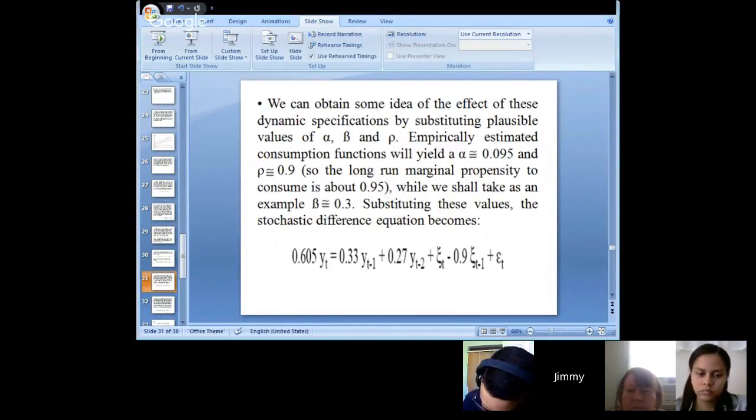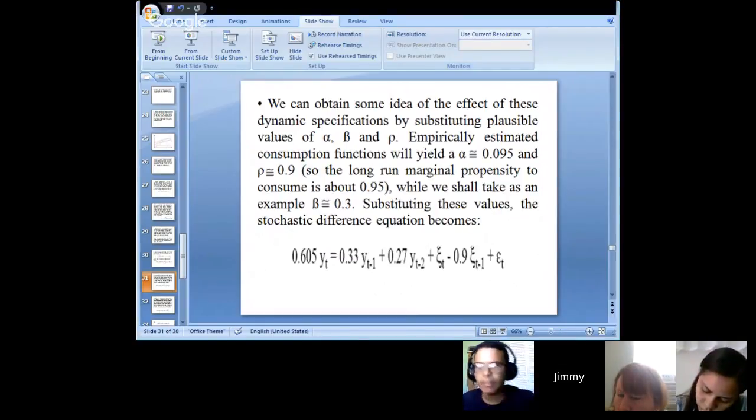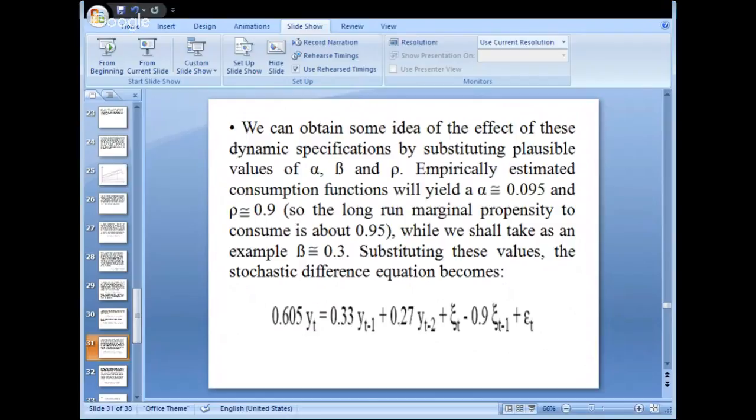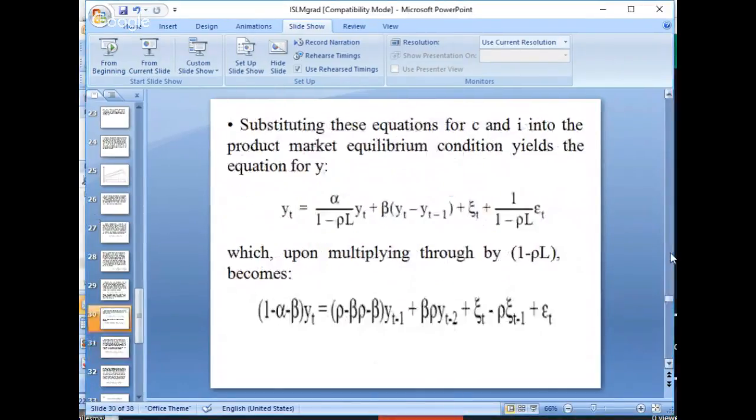Okay. Preguntas. Sorry, let me say that again. From slide 31 to 38 is not going to come on the test. But from slide 30, this part, to slide 1, it's fair game.